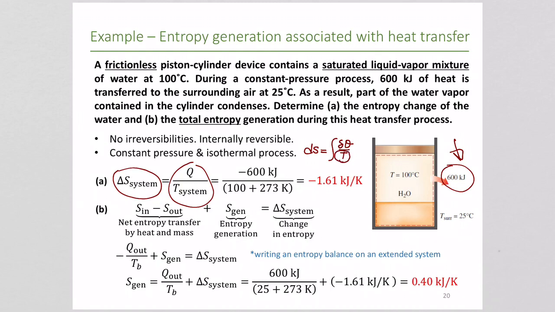So for isothermal processes, it gets out like that. S is equal to Q over T.